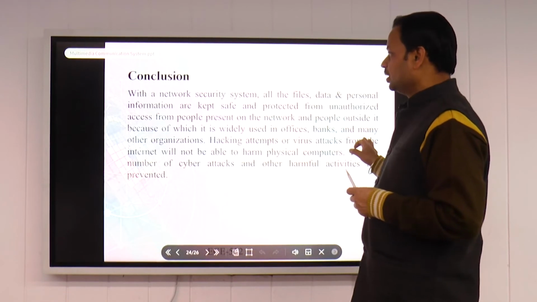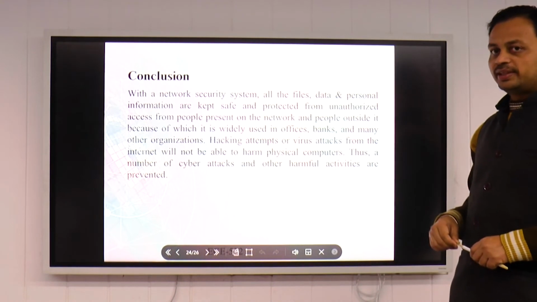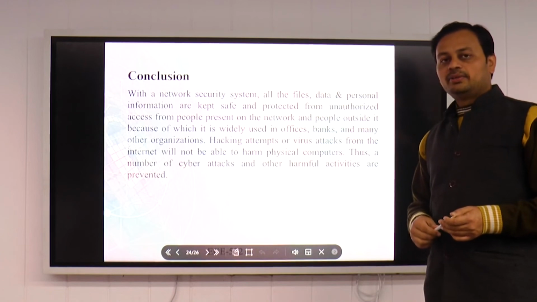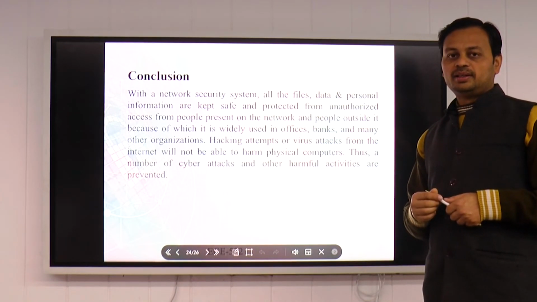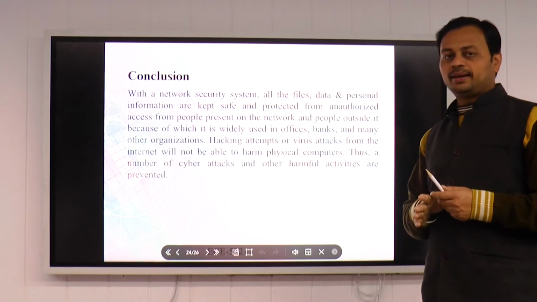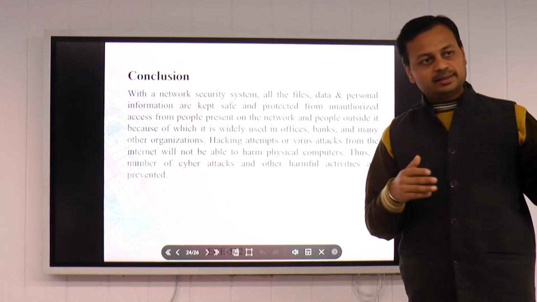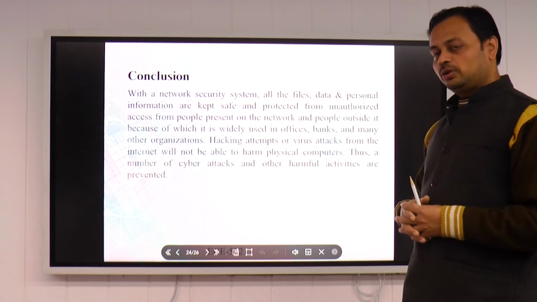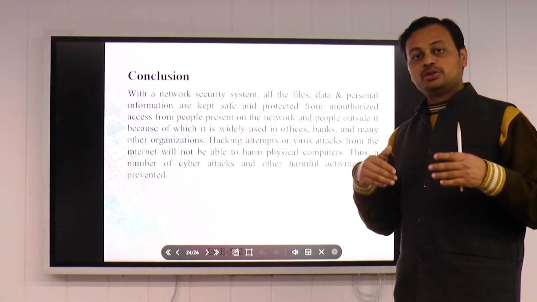moving on, I would like to conclude my lecture with this: in today's digital world, where everything is going digital, we need to secure our information. That is very vital in so many applications; even in banking, in all transactions, it is very important. So we want to secure our information from hackers and unauthorized users.